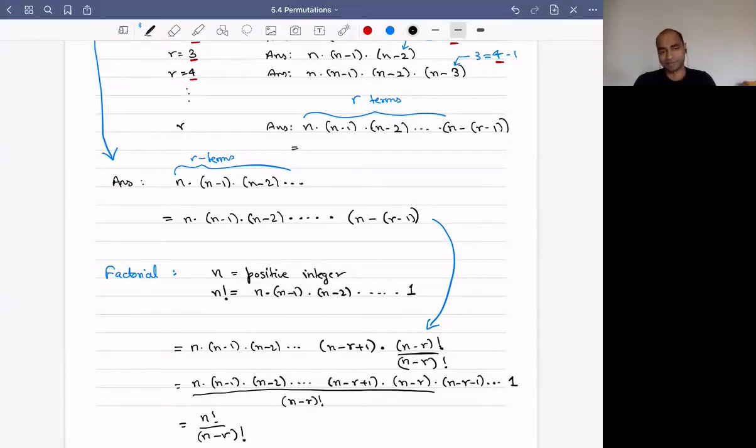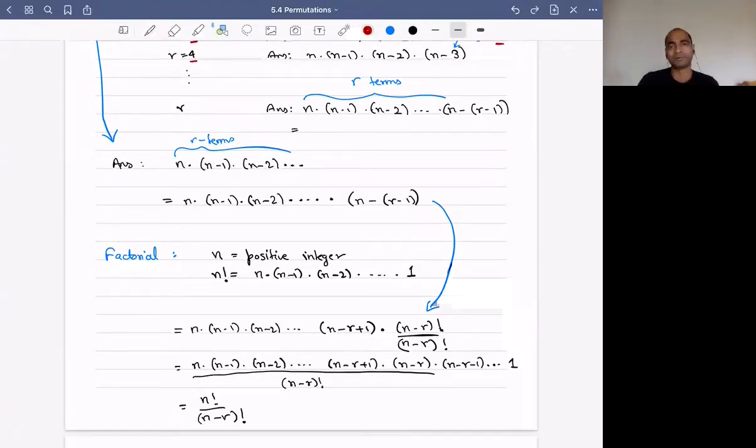The number of ways of choosing an ordered list of R different elements is n factorial over n minus R factorial. Now, before we move on to examples, one last thing I want to talk about is 0 factorial. It's a little unsatisfactory, but that's the thing that works. So I'll just give you what it is. You just have to remember this.